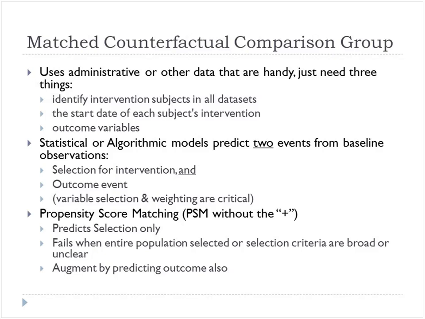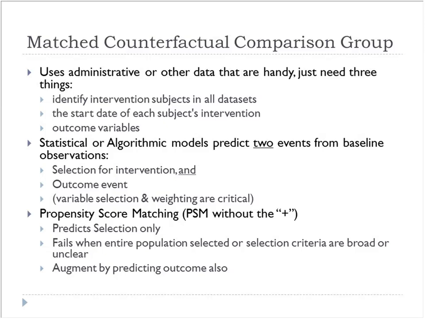And then we need a group to compare them to that looks exactly like them, in every way that's important to both the selection into the study and important to the outcome of interest. That's the part that I think gets left out of a lot of propensity score matching theory.